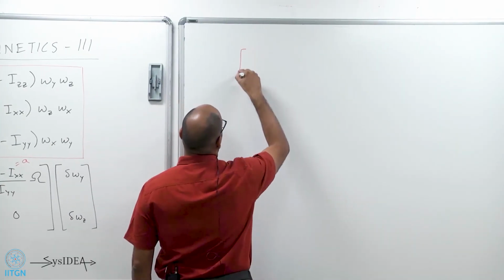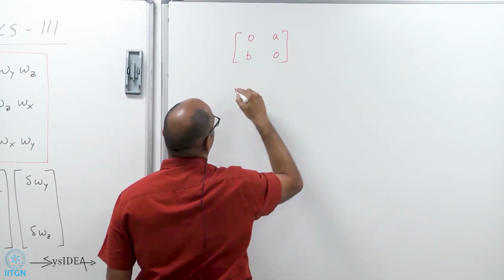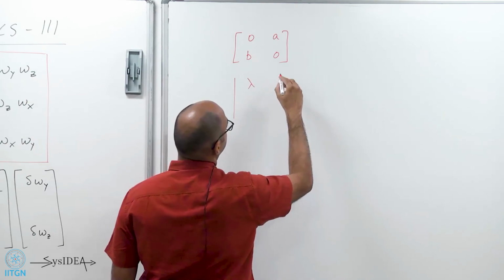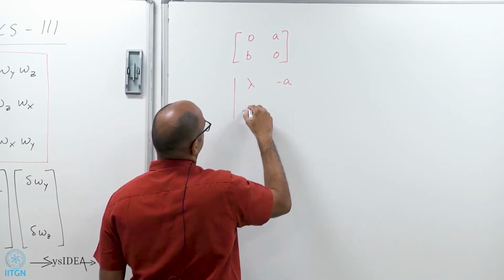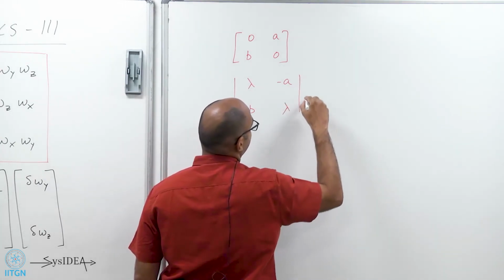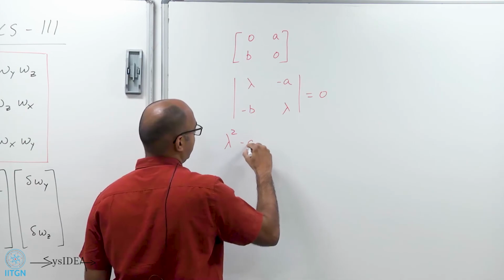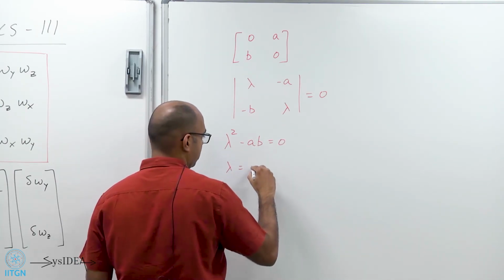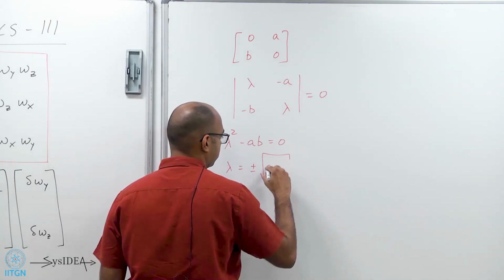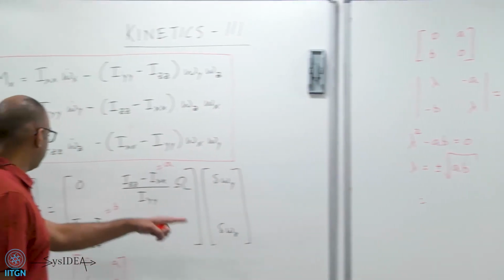So to find the eigenvalues of a matrix that looks like this, we really have to solve this determinant equals 0, right? So you get lambda squared minus AB equals 0, or lambda is equal to plus or minus square root of AB, and we can plug in values of A and B over there.